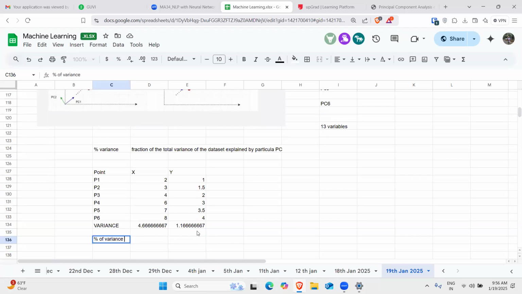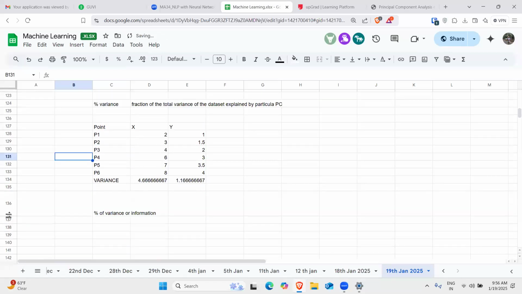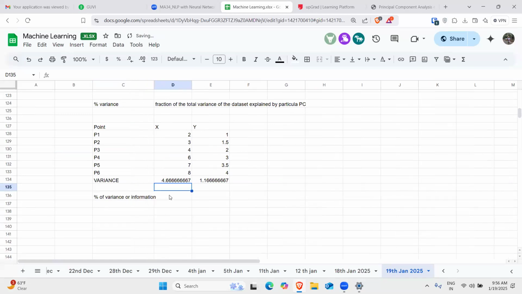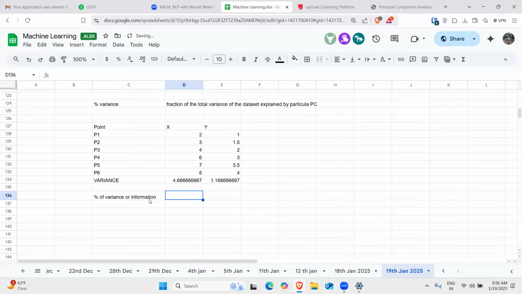And the percentage of variance or information is going to be 4.667 divided by the total variance, that is 4.67 plus 1.16.